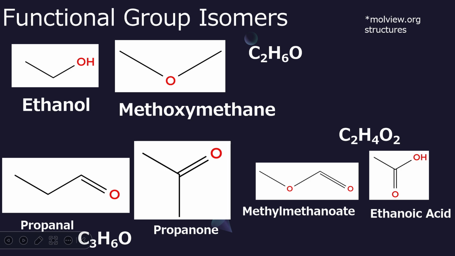Similarly, for methyl methanoate and ethanoic acid, there's also one double bond, carbon-oxygen in that case. So that formula is telling us there must be at least one double bond. Whereas ethanol and methoxymethane have no double bonds, their formula is telling us there is no unsaturation, or no rings as well.